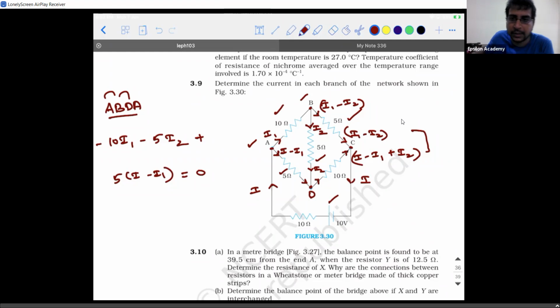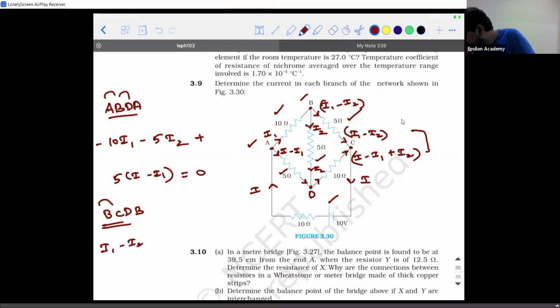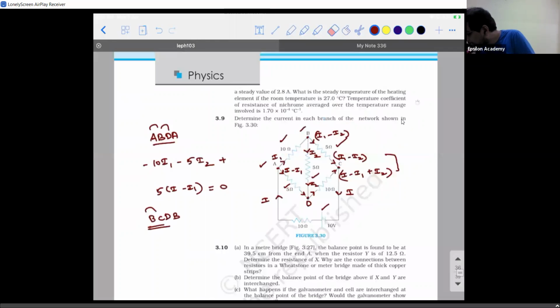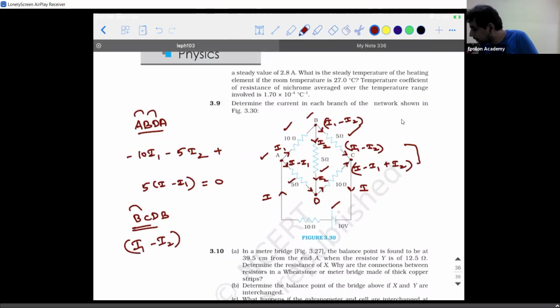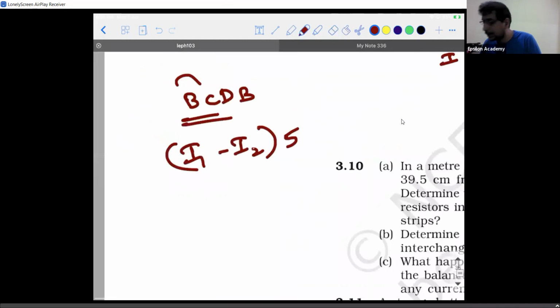Okay. Similarly, if I take the loop BCDB, B to C is going to give me I1 minus I2 multiplied with 5 and a negative value.